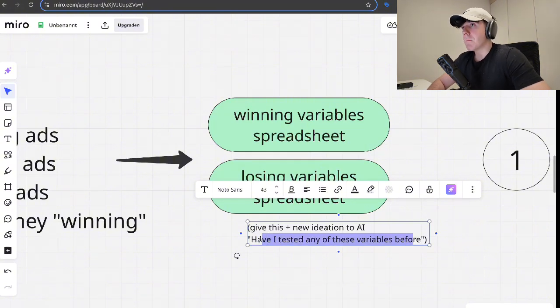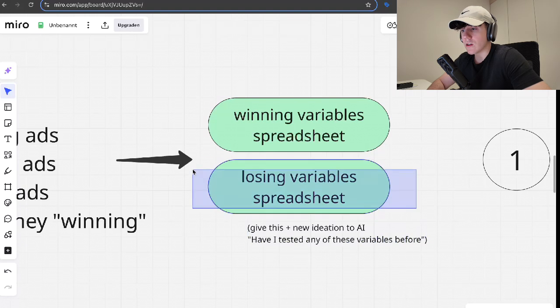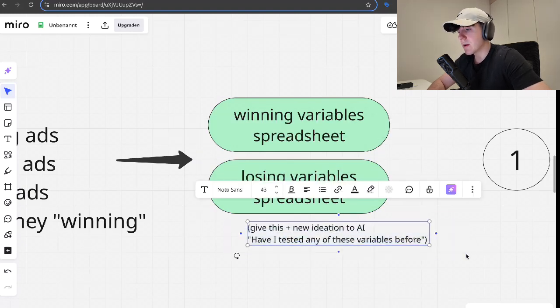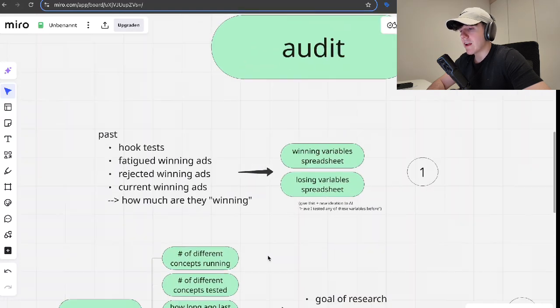Because at some point it's going to get super hard to keep track of every single variable that you've ever tested in the entire brand history. So you want to have some type of system of not repeating your mistakes and learning from them. And what better way is there to do so than a separate spreadsheet, and obviously separate prompts for that. Okay, so that is super important.